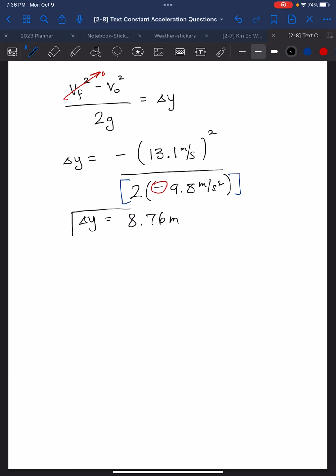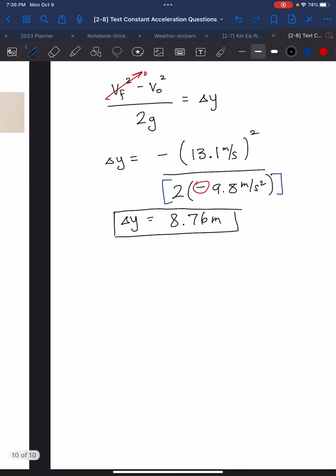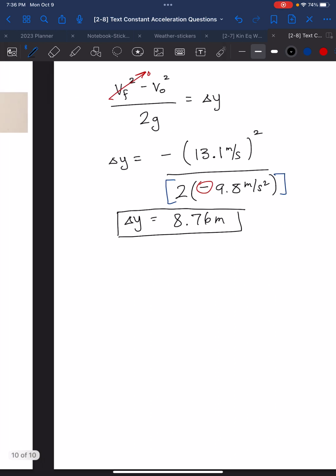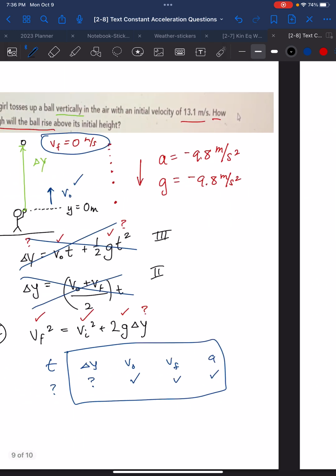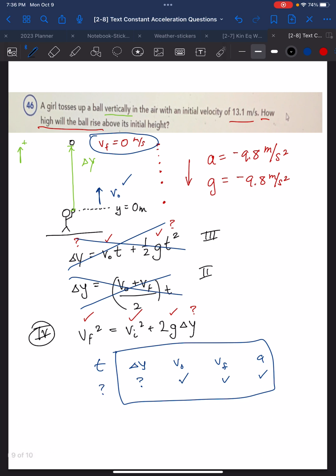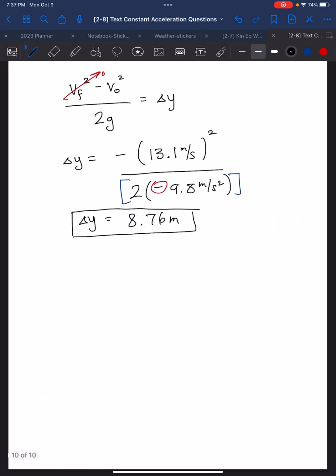Okay. So I've solved it. I've written my solution. It seems pretty reasonable. Like, that's a little bit taller than a house. That's like about 27 feet or so. How high will it rise above its initial height? Cool. That's the whole answer. We did it.